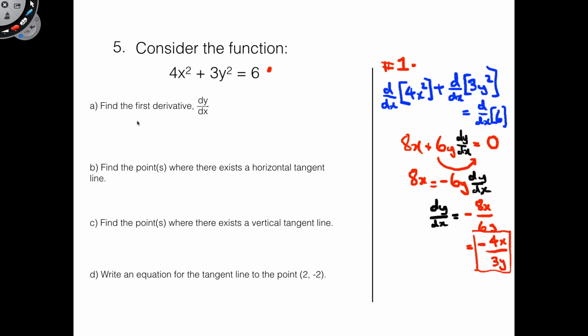Okay, so that would be our first answer over there. Negative 4x over 3y equals dy/dx.